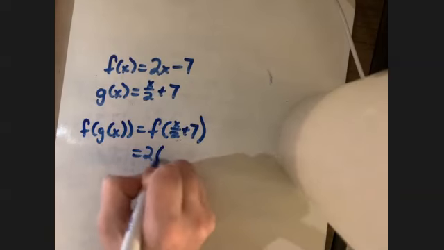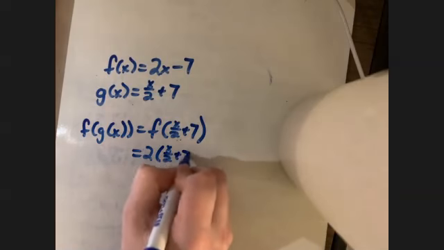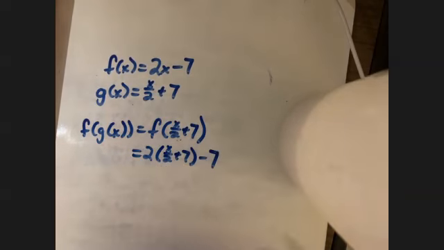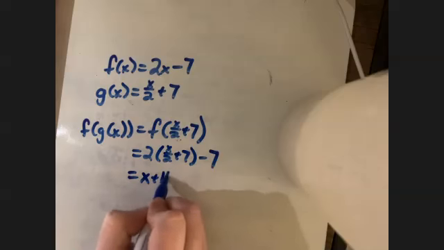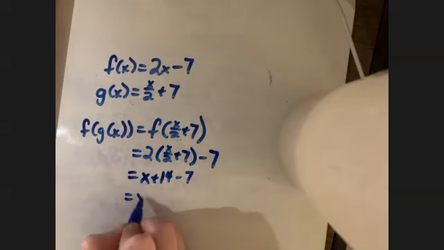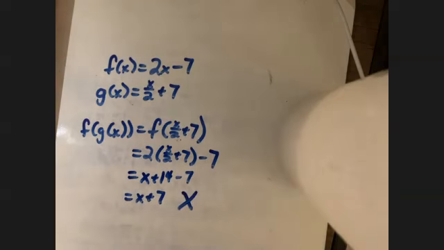It's going to be 2x over 2 plus 7 minus 7. When we distribute the 2, we're going to get x plus 14 minus 7. That's going to be x plus 7. This is not going to work out because that plus 7 is extra, and you are not allowed to have extras when we do this.